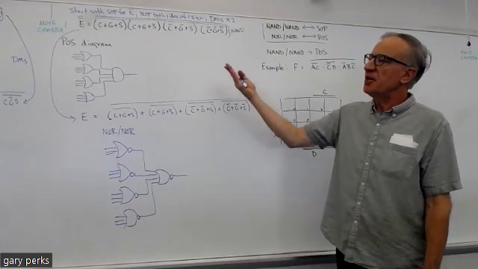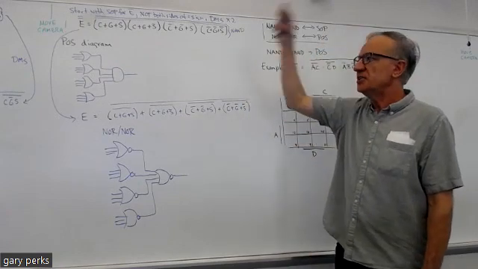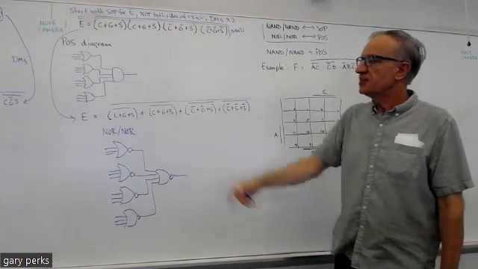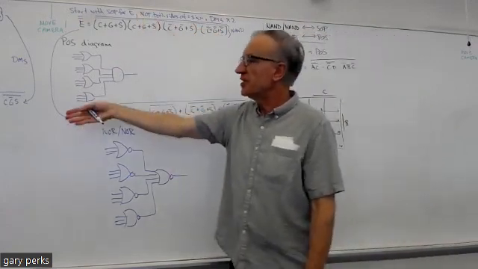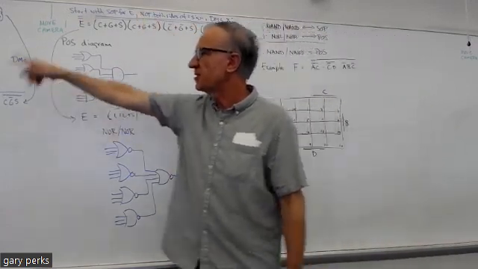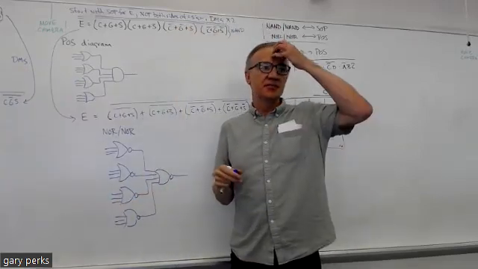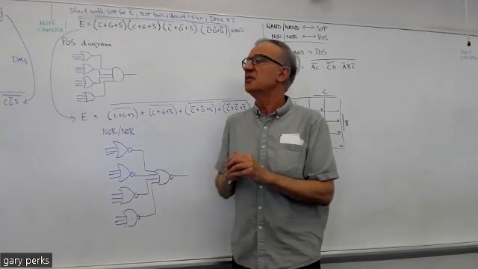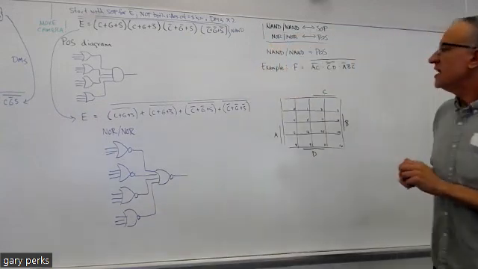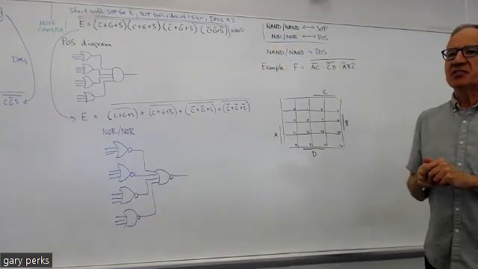So there are basically two ways to go from SOP to NAND NAND and POS to NOR: the equation way, and the diagram way, using what you know about universal gates. Any questions up to this point?